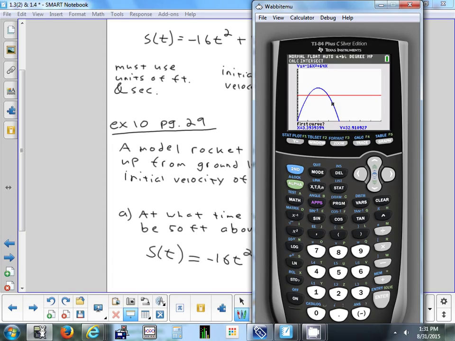Okay. Here, the guess matters. Wherever you put your guess, that's the intersection point it's going to give you. Okay, so I hit enter on each curve. Now it's asking for a guess. I'm going to do the one on the right. If somebody else can just keep moving over and do the one on the left.